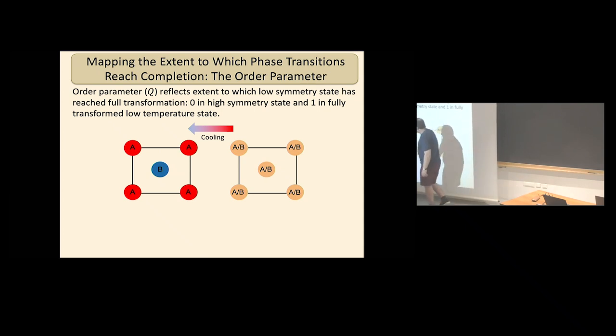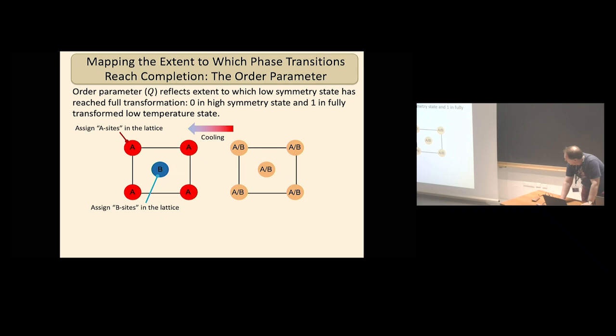However, on cooling, the A's and the B's will adopt very distinct configurations such that the shortest bonds are always between A and B atoms in this particular example. So you'll have A here, A here, A here, B here, and the nearest neighbors for the A will always be 4 B's. The nearest neighbors for the B will always be 4 A's. Okay, fine. How do we construct an order parameter for this order-disorder phase transition?